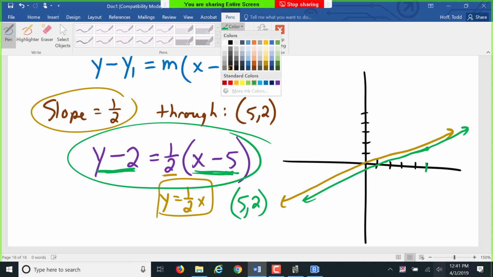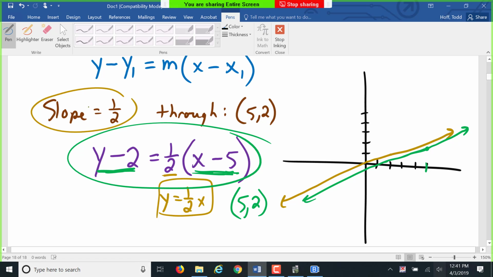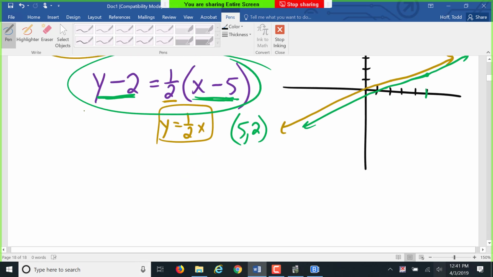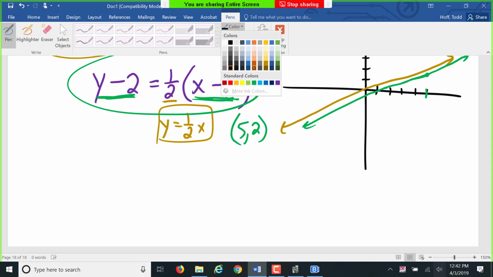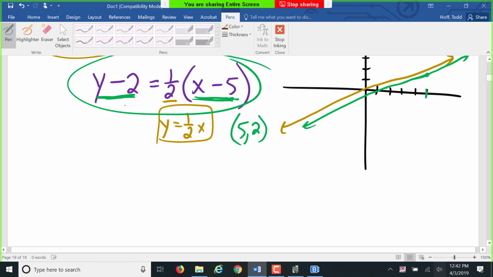Now we've been talking about functions. So we've started using that function notation on our equations where it's f of x or g of x, whatever letter we're using for our function equals that function. So having y minus 2 over here isn't going to work for us. What we're going to do is rearrange that.